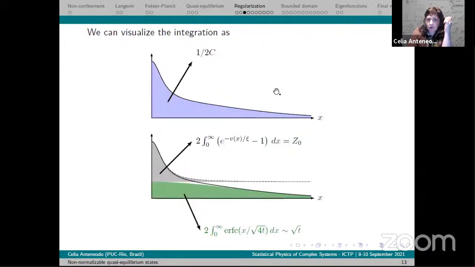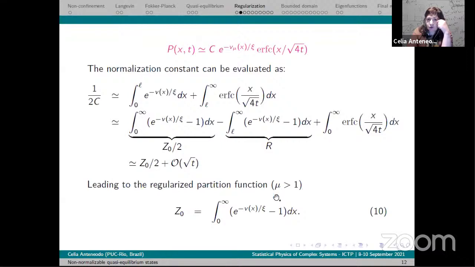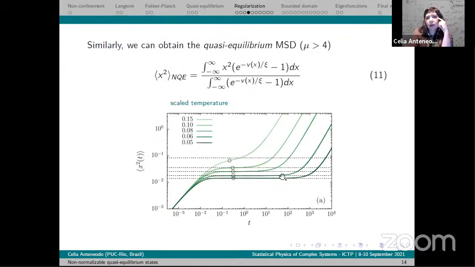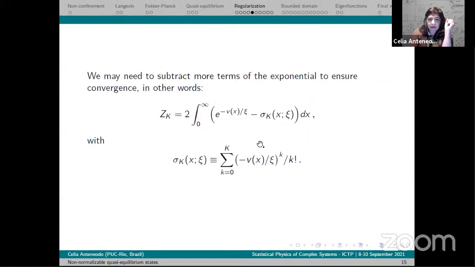I didn't comment on it, but this is valid for a decay that is 1 over x. So this regularization actually will depend on the potential, how fast it decays, and also on the observable. What we are actually doing is introducing some correction that will avoid the divergence.